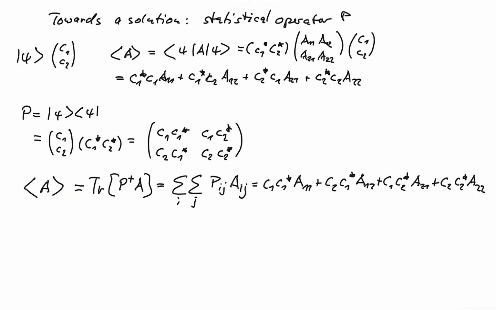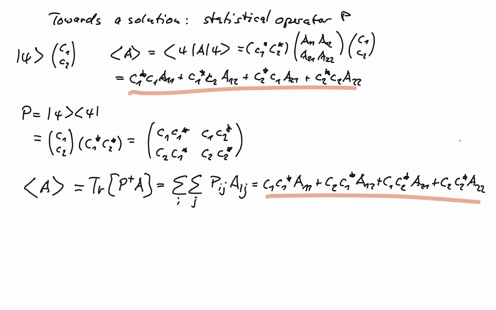And when we compare this result, we see it is the same as what we got before. So we can do the expectation value. We just have a different way of calculating it, with a trace of the statistical operator times the desired operator A. But why do we do this?